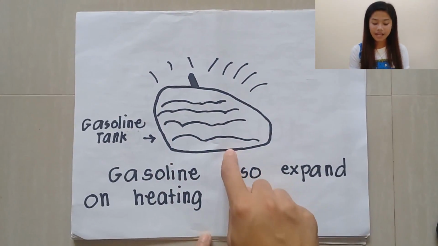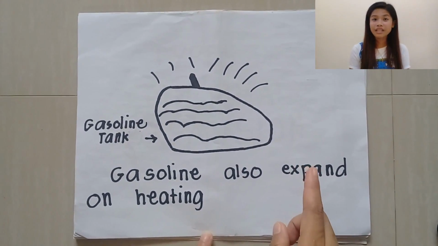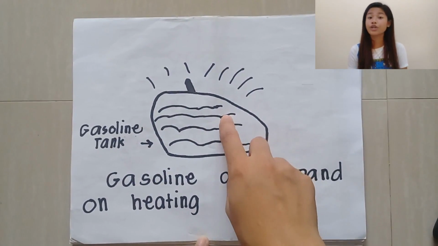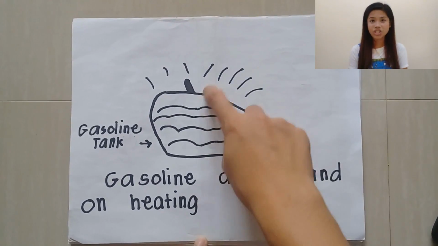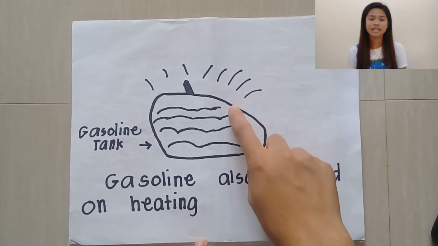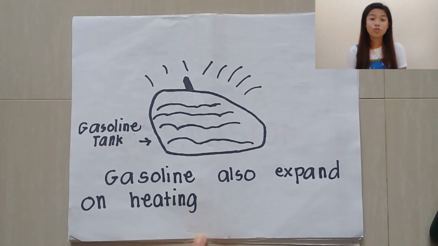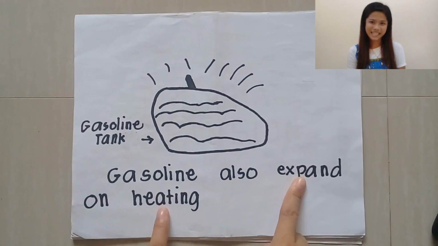As a result, the gasoline expands, but since there is no space left in the tank, the expansion forces the gasoline to come out of the tank. So that is why gasoline expands when heated.